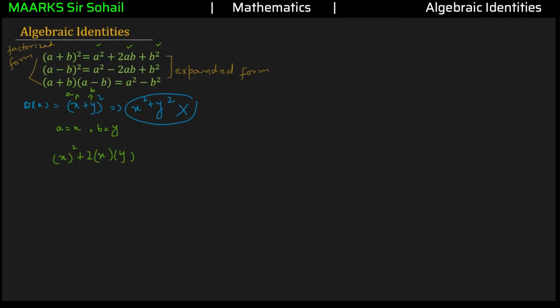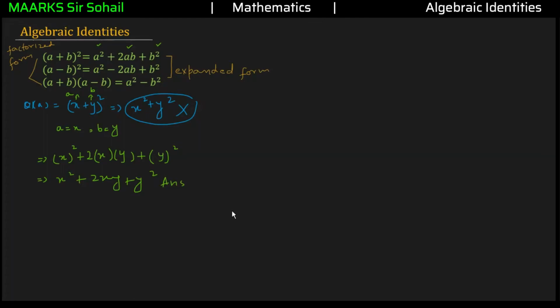Then we have plus here, and finally we have b square. My b is y, so I'll write y square. So the answer will finally be x square plus 2 into x into y, which is 2xy, and plus y square. So this is my answer. So this is how we open it.